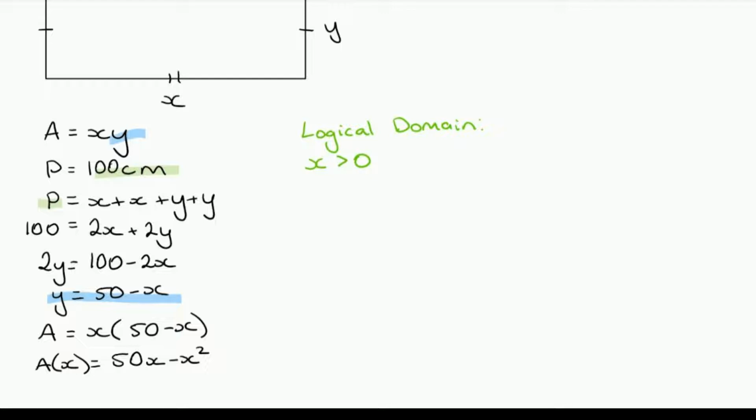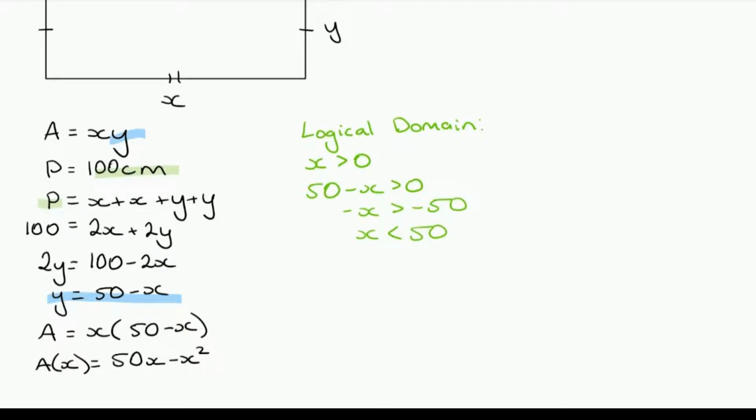Plugging that in here, I'll get 50 take x is greater than 0. Rearranging this gives me minus x is greater than minus 50. Now I've got to divide both sides by negative 1, and we know that when we divide an inequality by a negative, it flips the sign over. So x has to be less than 50.